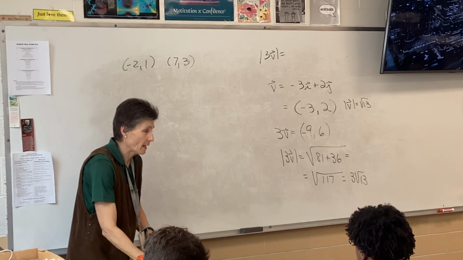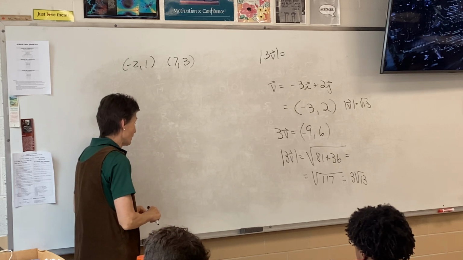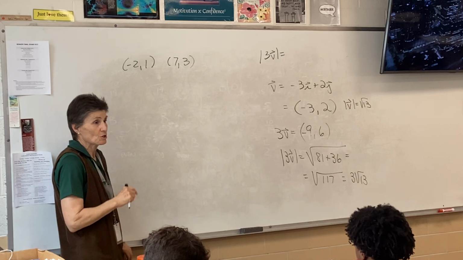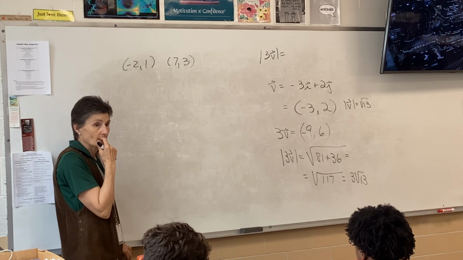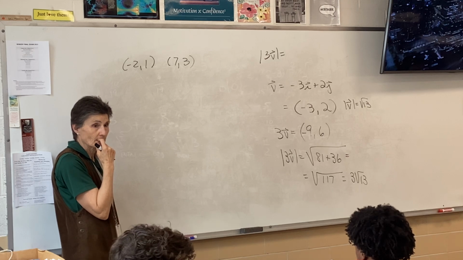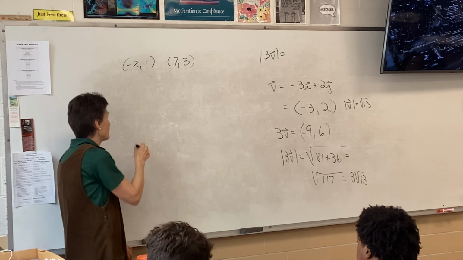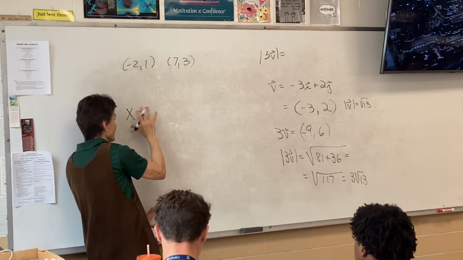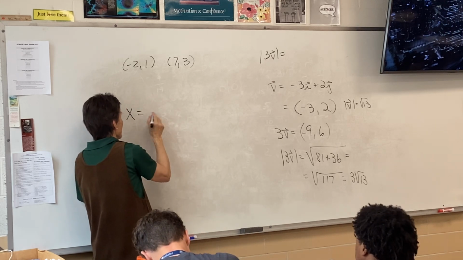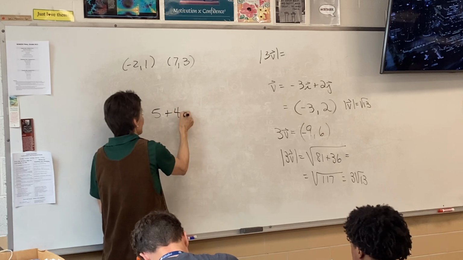Well, this problem's a whole lot easier if you remember what parametric equations of a line look like. Parametric equations of a line, not this line, I'm making this up. Parametric equations of a line look like this.